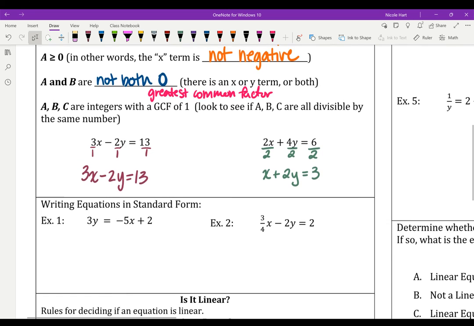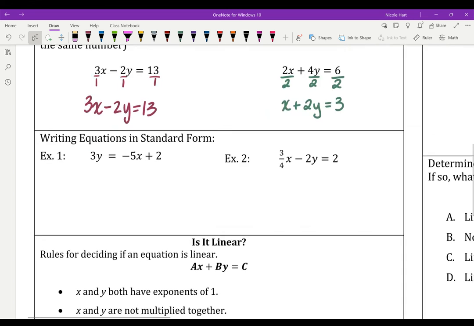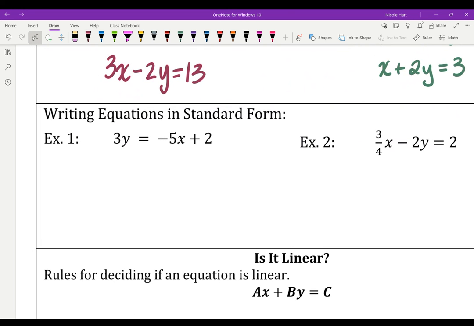So when we're writing our equations in standard form, sometimes we're going to have to shift things around in order to make it look like ax plus by equals c. So we want x and y to be on the same side of the equal sign. If we look at example 1 here, I have 3y equals negative 5x plus 2.